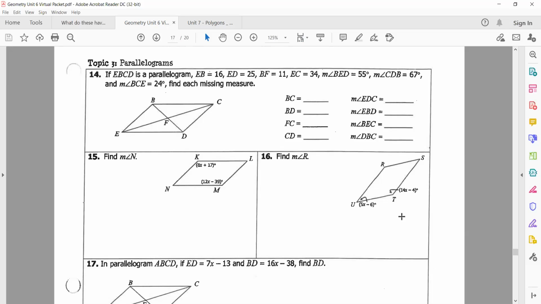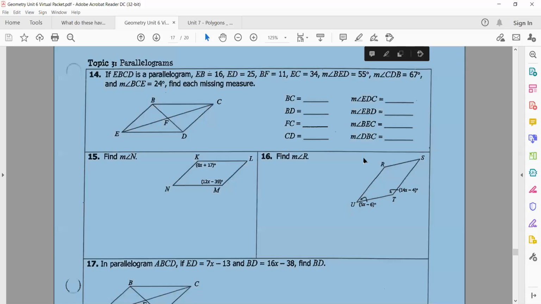Are they congruent to each other? No, they don't look like they're congruent, so that's your first clue. And the property tells us, because they're consecutive, that they're going to total 180. So that's a different equation setup to find X for number 16. You're going to have to add these two together. These together are going to equal 180. That's how you're going to find X on that one.